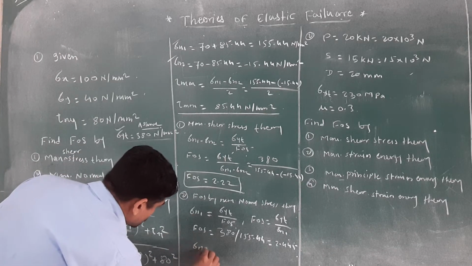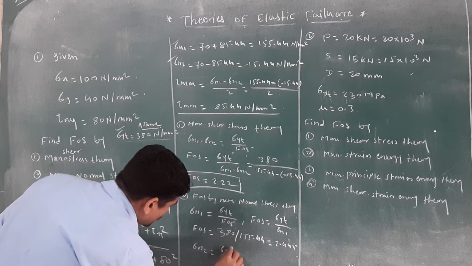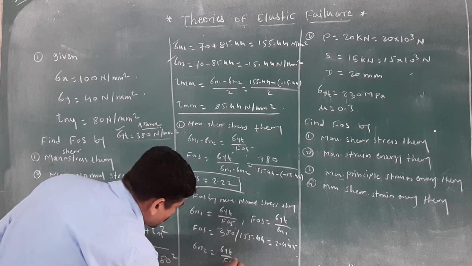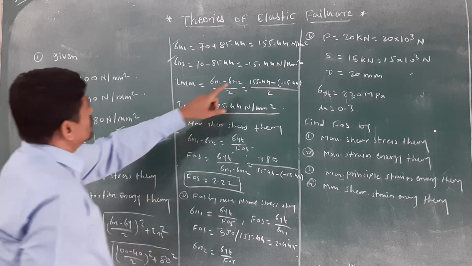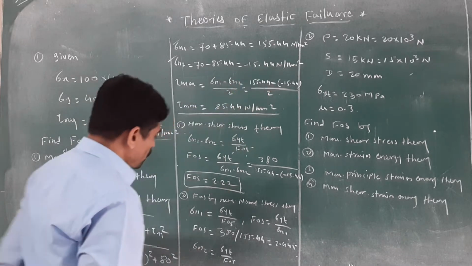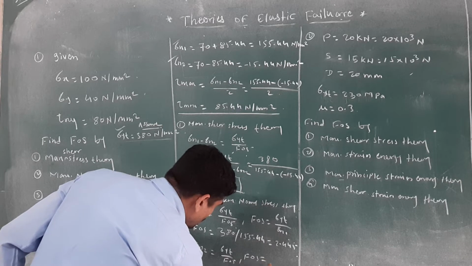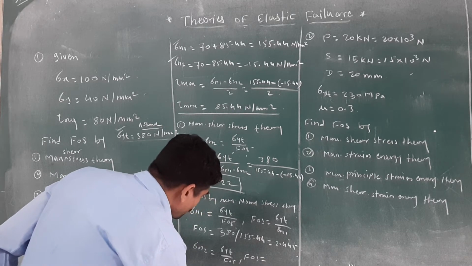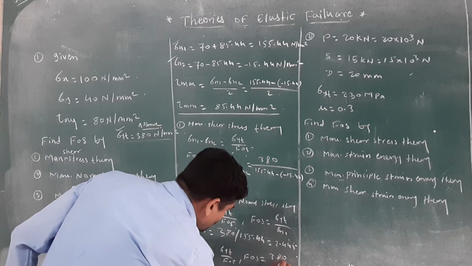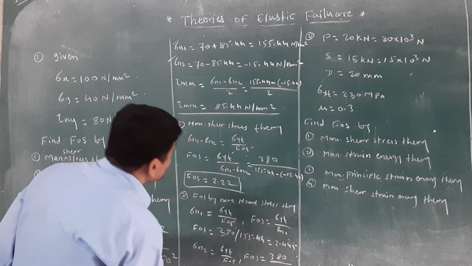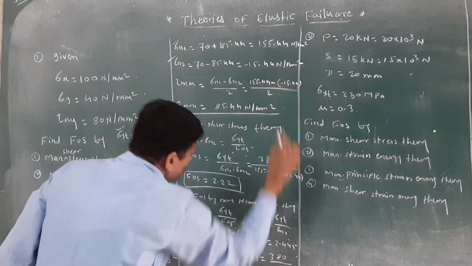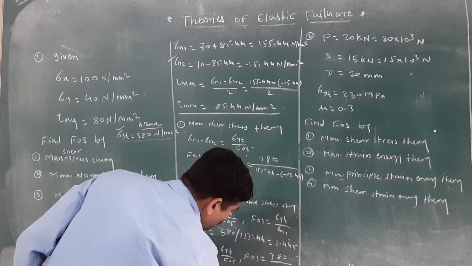I will write here sigma N2, sigma YT divided by factor of safety. Okay, what is the sigma N2? Minus 15.44. Then factor of safety is equal to, again I will write directly, sigma YT 380 divided by, what is the value of this? Minus 15.44.